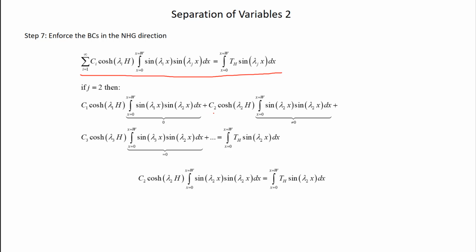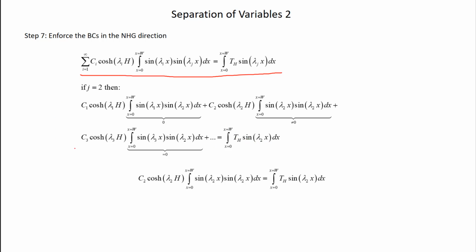The second term is c2 cosh of lambda 2 times h, because this is the one where i is equal to 2, sine of lambda 2 times x times sine of lambda 2 times x. The third term, i is now equal to 3, c3 cosh of lambda 3 times h, sine of lambda 3 times x times sine of lambda 2 times x, and I could keep going. The next would be the fourth one and the fifth one. And on the other side, I just have the integral from x equals 0 to x equals w of the right-side function times sine of lambda 2 times x.